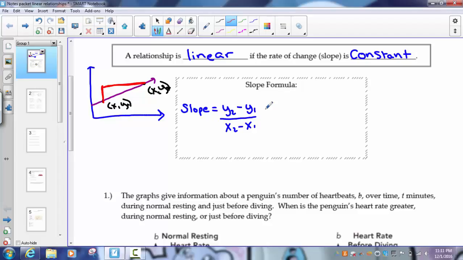Okay? So another way of describing this is rise over run. Or often we talk about this as the vertical change divided by the horizontal change.